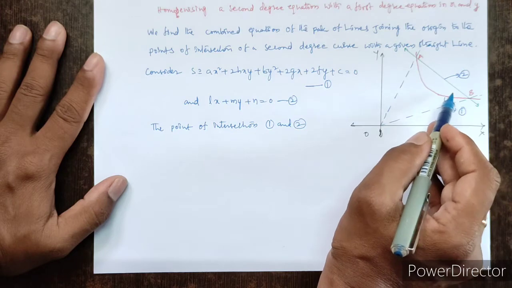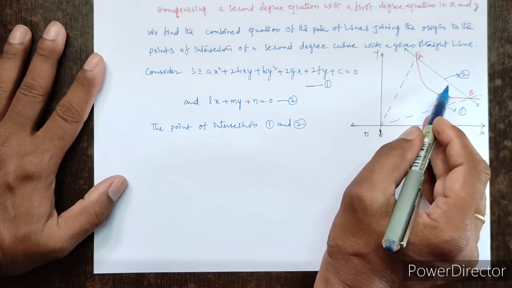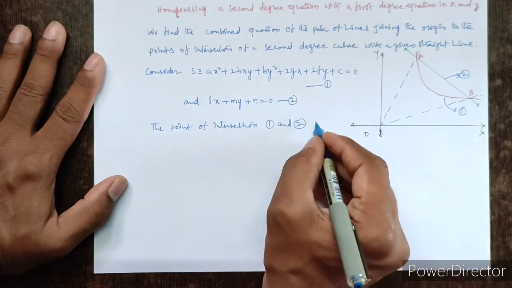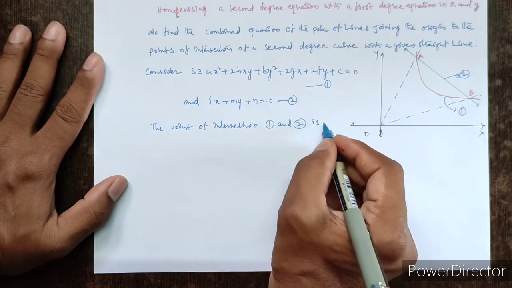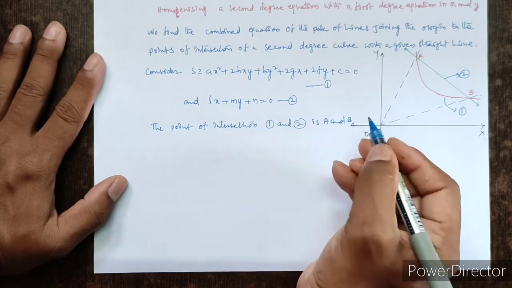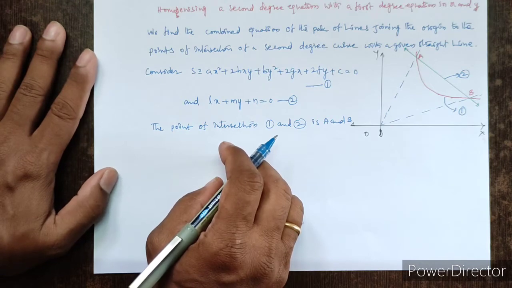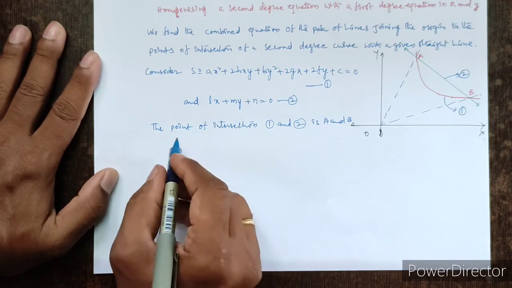These two, the curve and the line, are intersecting at 2 points, that is A and B, the points of intersection of equations 1 and 2.